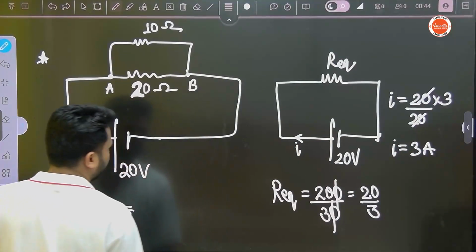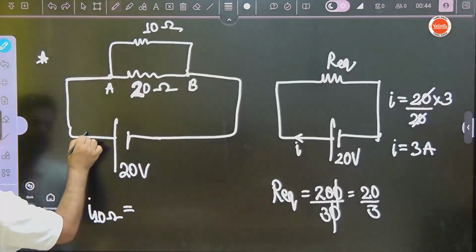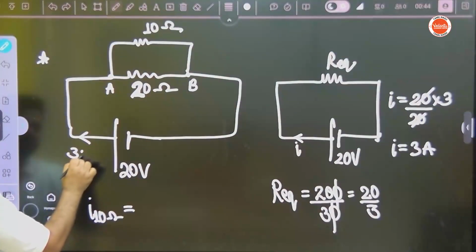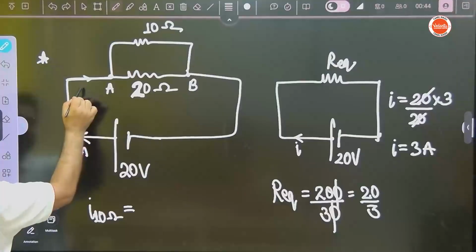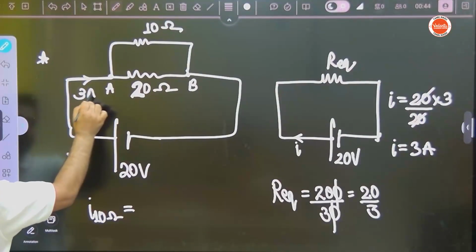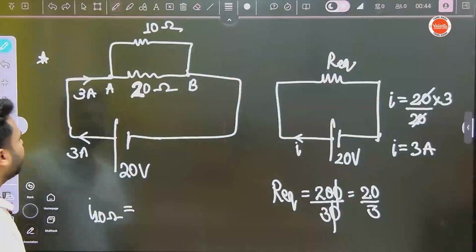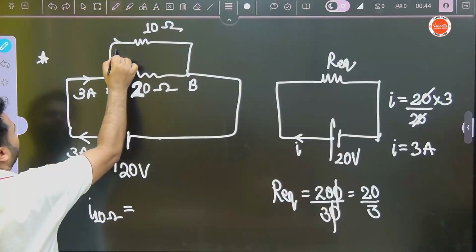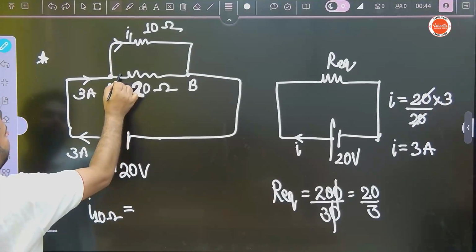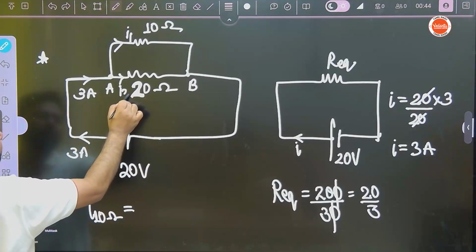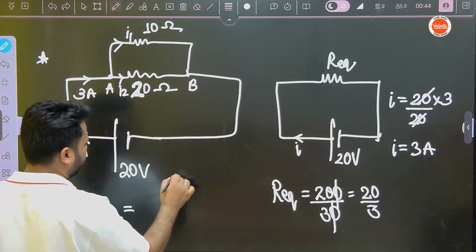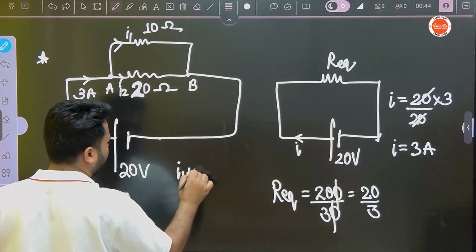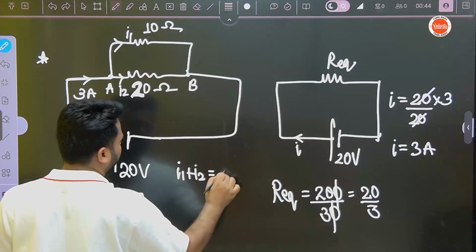So 3 ampere current will flow from the battery. Means here it will reach 3 ampere. Out of 3 ampere, some current I1 will go here and some current I2 will go there. Means we can write, I1 plus I2 equals to 3 ampere first of all.